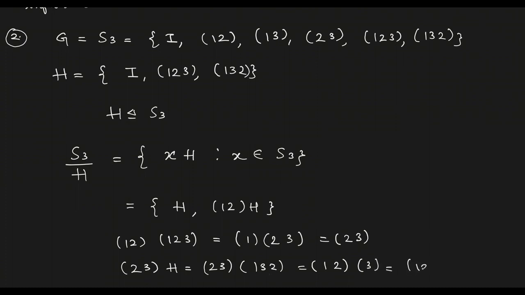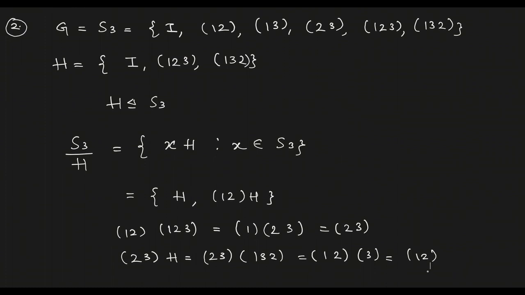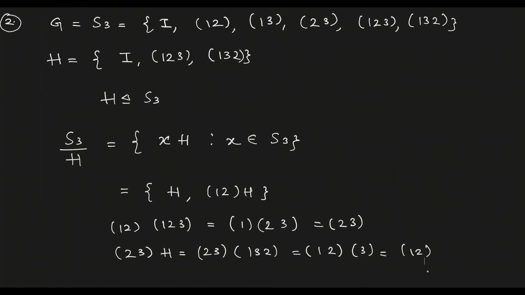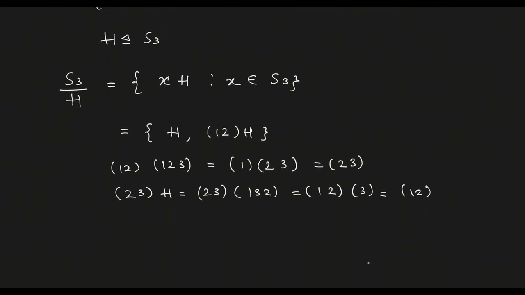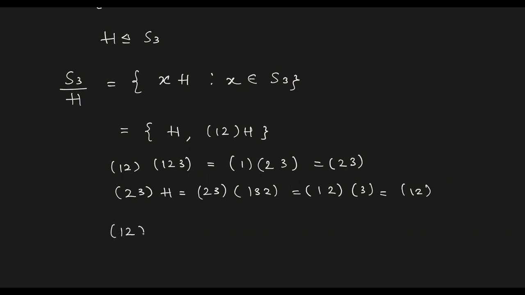It will be (1 2). So like this I will get the elements of this factor group. This means (1 2)H is equal to (2 3)H is equal to (1 3)H.